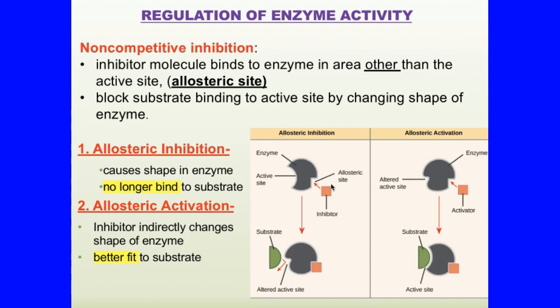So this is allosteric because of where it attaches. Both of these are allosteric because it's a site other than the active site. Allosteric inhibition prevents the substrate and the enzyme from coming together, and allosteric activation attaches at an allosteric site but changes the enzyme to allow a better fit for the enzyme substrate complex.